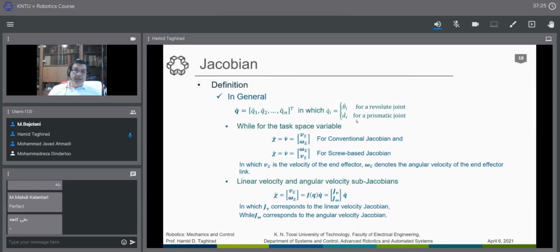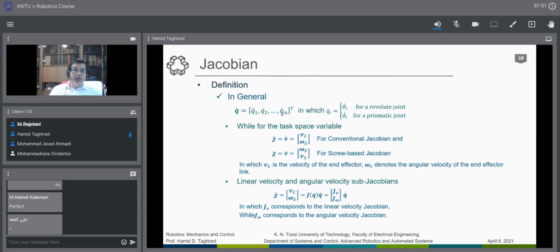Since we have a series of joints in a serial manipulator, Q could be defined by the Denavit-Hartenberg parameters or the joint variables that can be actuated by the actuators. So the number of them depends on the number of actuators that we are using.